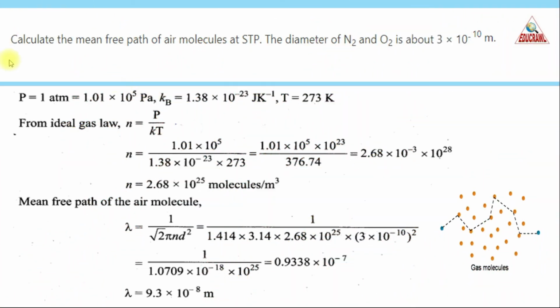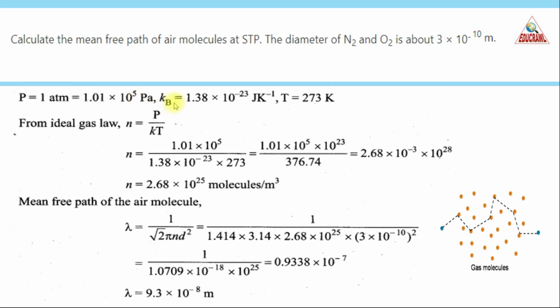The next problem. Calculate the mean free path of air molecules at STP. The diameter of nitrogen and oxygen is given as 3 into 10 power minus 10 meter. This is also once again a mere formula substitution problem. So the given data are the pressure value is equal to 1 atmosphere, which is equal to 1.01 into 10 power 5 Pascal.